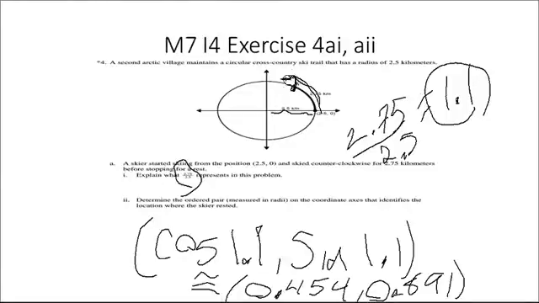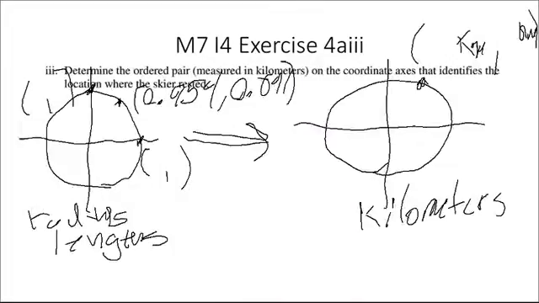That's to say that this 0.454 tells us that the skier in this position is 45.4% of a radius length from the vertical diameter. 0.891 tells us that the skier's vertical distance from the horizontal diameter is 89.1%, or 0.891, of a radius length. I've done some sketches here.